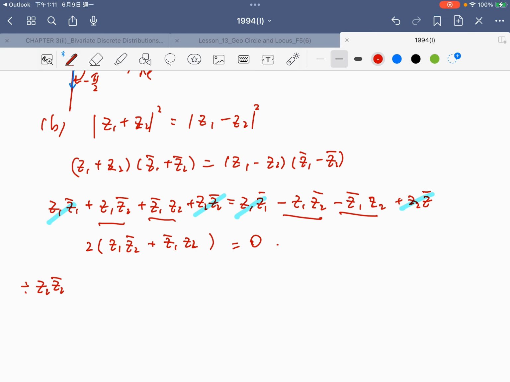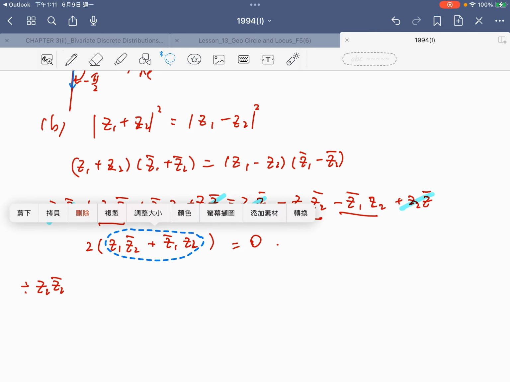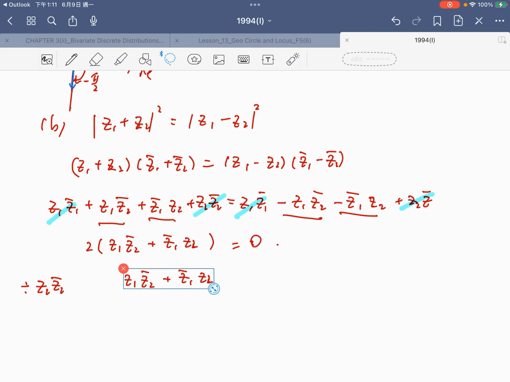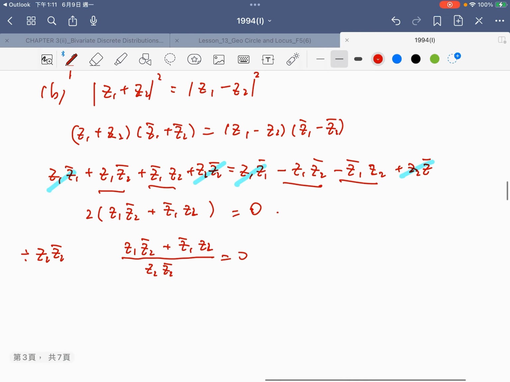Okay, then for this one, because the 2 can be cancelled here, I don't want to write down this one again. Okay, and separate term by term.